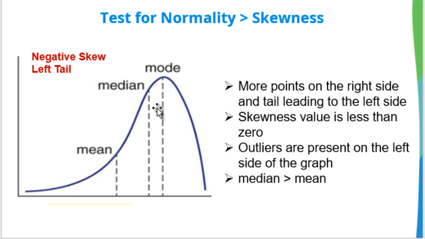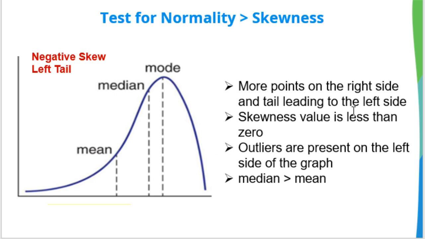That's what you call negative skew, or left tail. The skewness value is less than 0, it's negative, and the outliers are present on the left side of the graph. In other words, median is greater than mean.